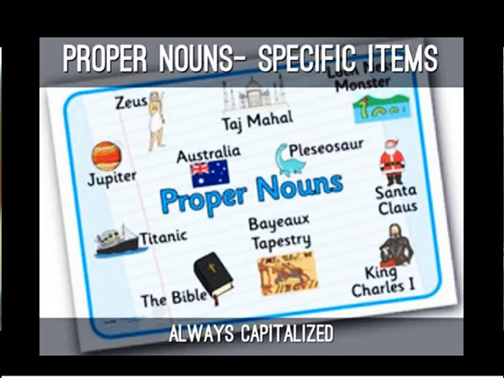You can understand by these examples, like on the screen you can see name of a person, Zeus, name of a place given there, Australia. Then name of an animal, you can see one animal is in center, that is plesiosaur, it's a reptile. Then down a religious book is made, the name of that book is given, the Bible.